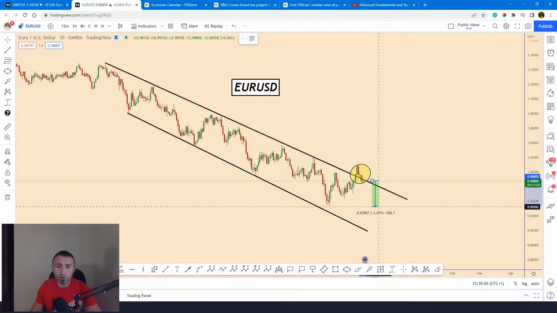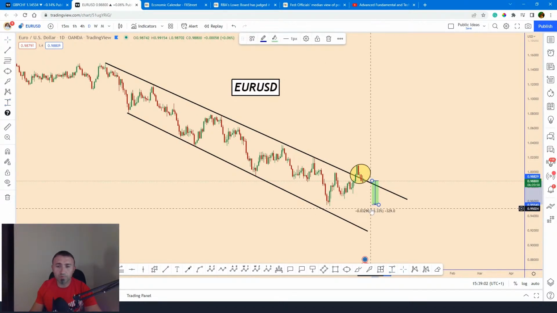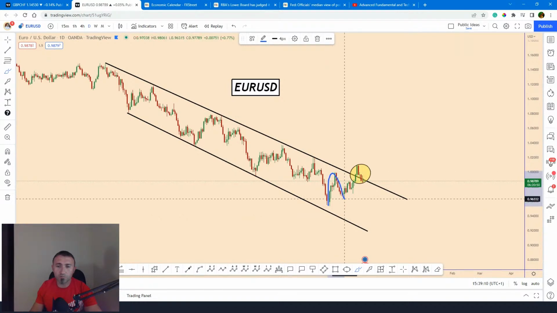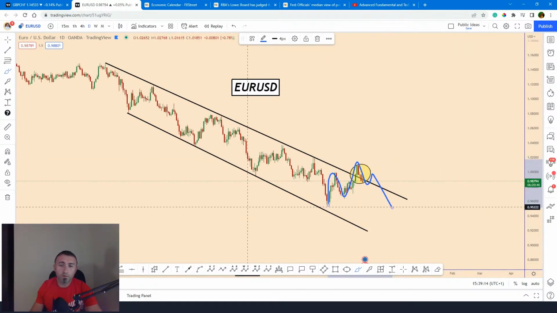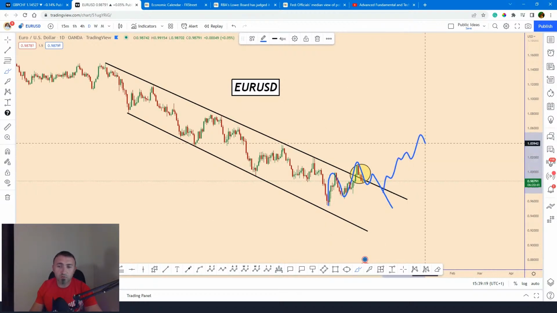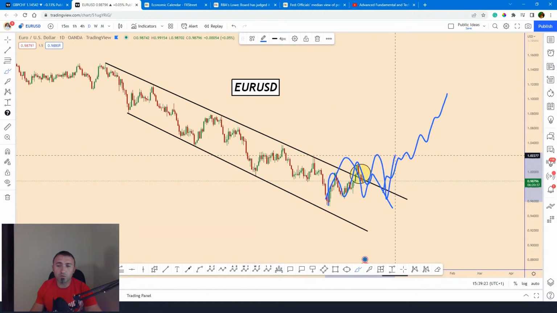As you can see from top to bottom, we have approximately 300 points of space. So it can happen that we see the price do this ABC movement, another ABC movement, for a high speculation from FOMC. And after that, we may see a bullish move, or probably the price will begin to develop in a type of range.